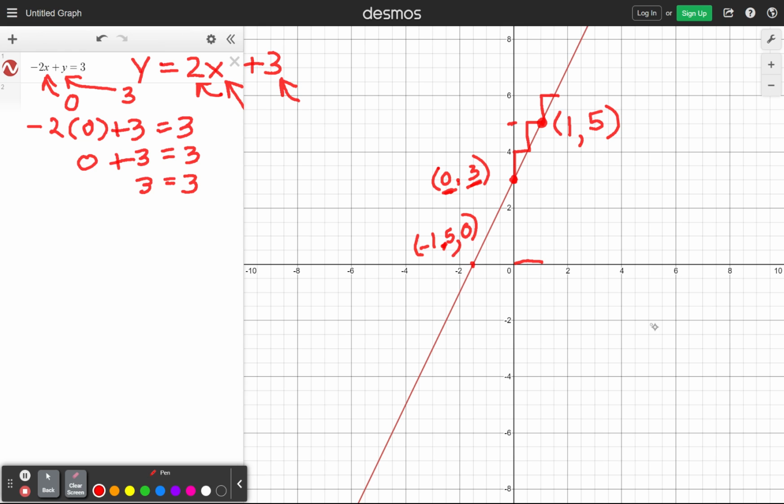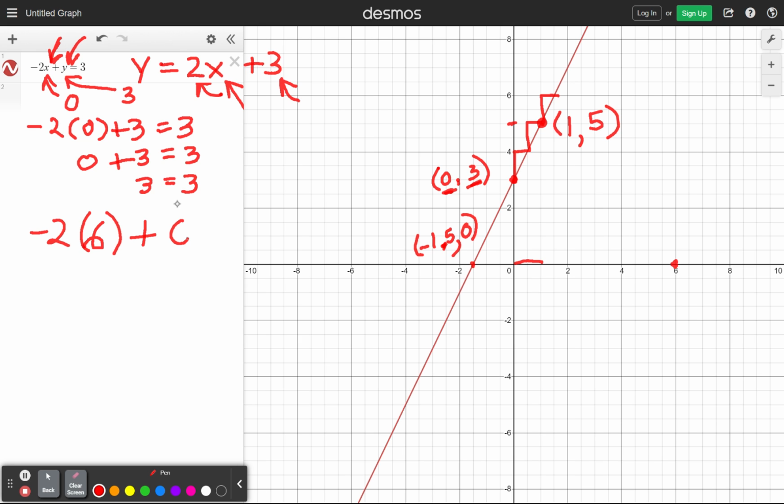Okay, and then you could test something not on the line and see that it doesn't make it true. So we could test a point over here. If we tested the point (6, 0), if we put in 6 for the x and 0 for the y, we would have negative 2 times 6, which is negative 12, plus 0.